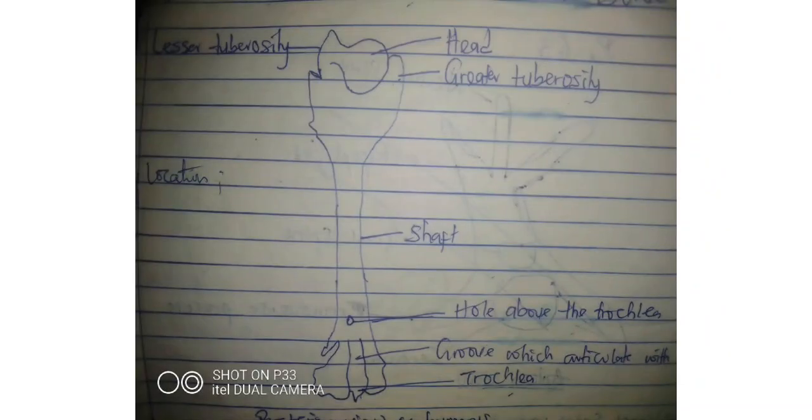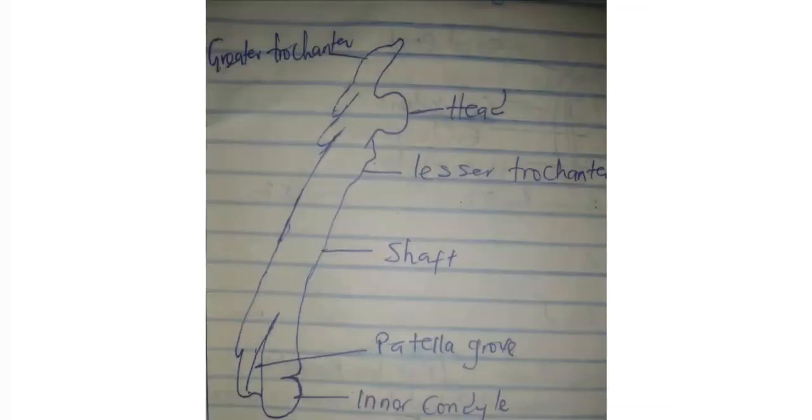You can also see the round head in the humerus bone. Another similarity is that both possess shafts. You can see the long shaft, and you can also see the long shaft in the femur bone.